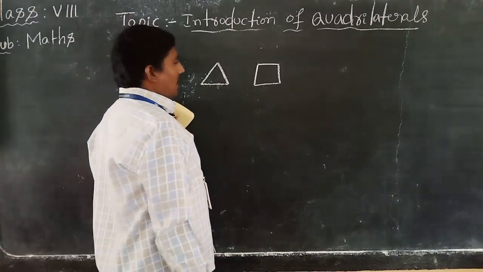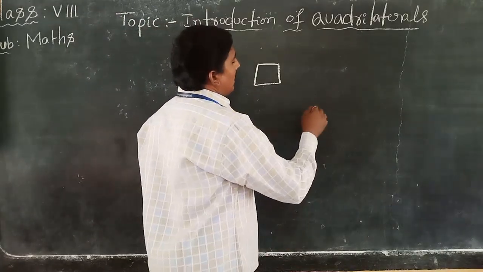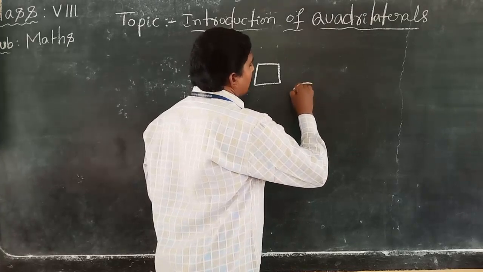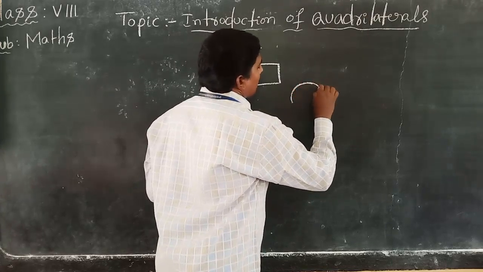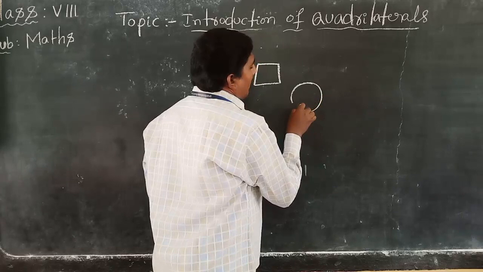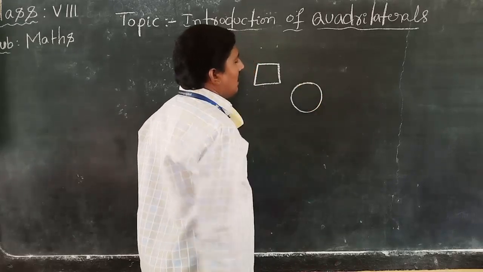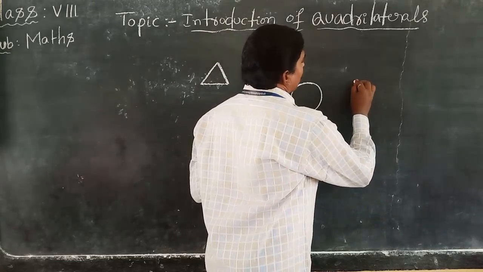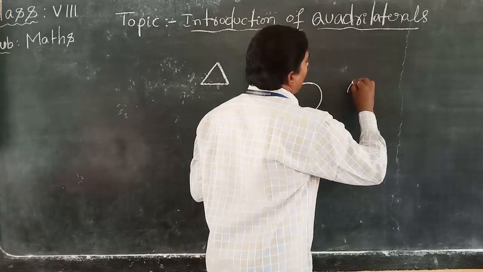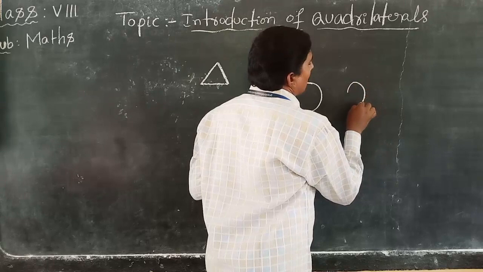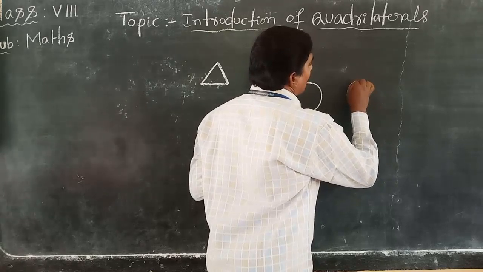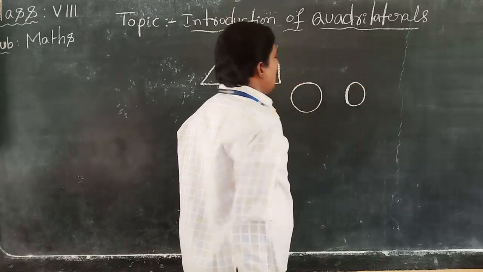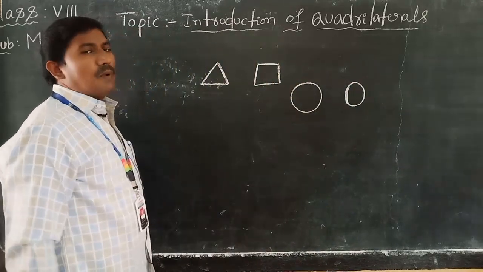Now we discussed the circle. A circle has no line segments; it is made of curves. Next, the oval shape. An oval also has only curves.